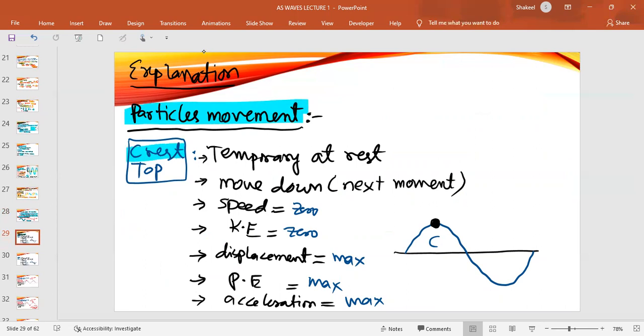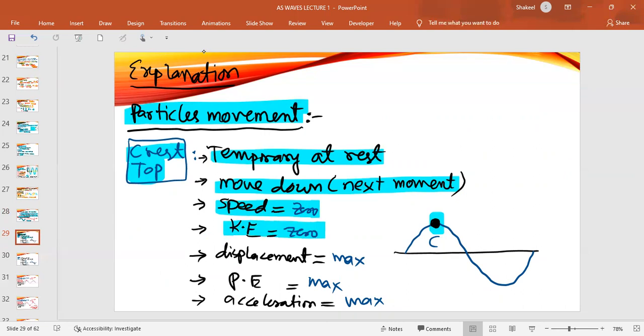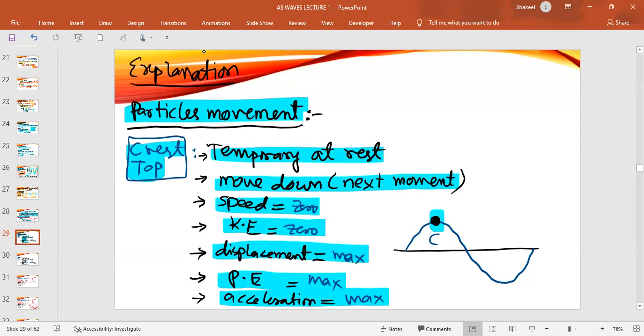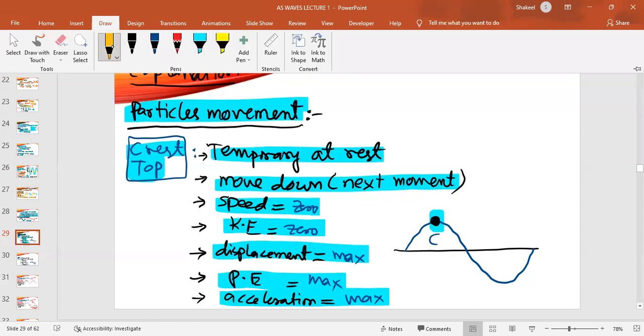The crest particle, the particle which is at the crest or at the top, is temporary at rest. It will move down next moment. Its speed is 0, kinetic energy is 0. The displacement is maximum, so potential energy is maximum at the crest, and acceleration is also maximum. Why these are maximum?